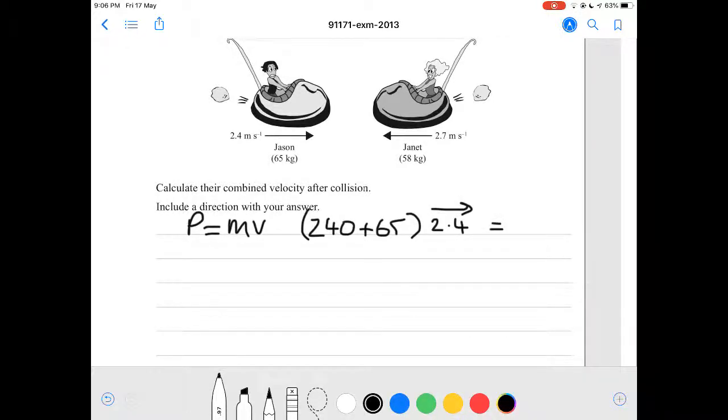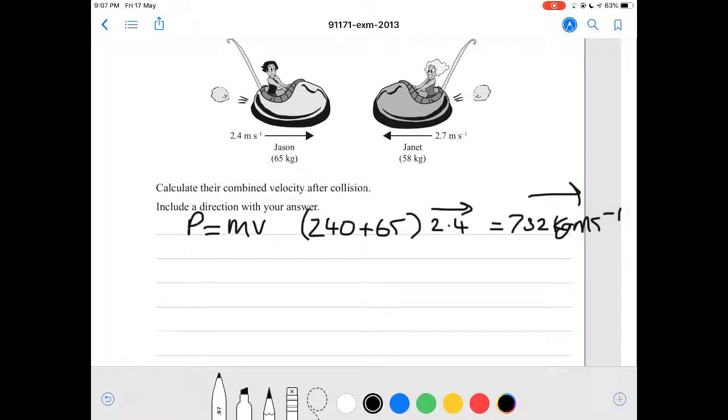That should give us 732 kg m/s acting in the right direction, okay? So now I've figured out Jason's momentum, and that's 732 kilogram meters per second to the right, okay?